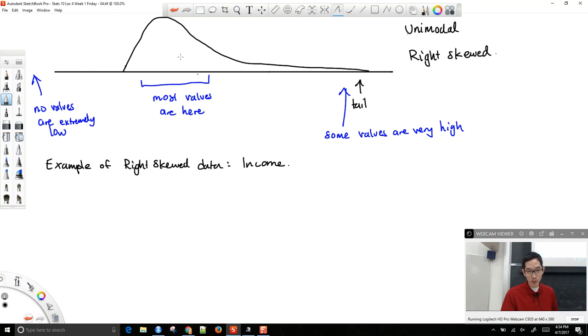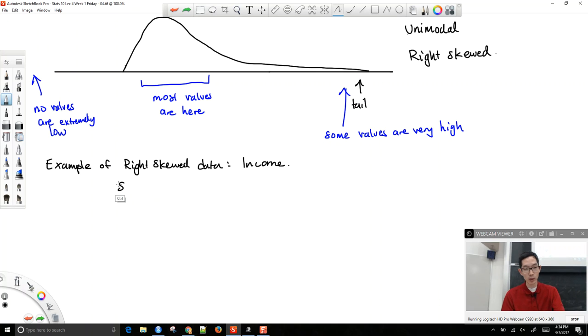And so what your distribution will look like is that you're going to have a hard cap at 0, so that your household can't have a negative income, and the bulk of people will be over here, and yes, you'll have some values that are extremely high. Let me just start off.